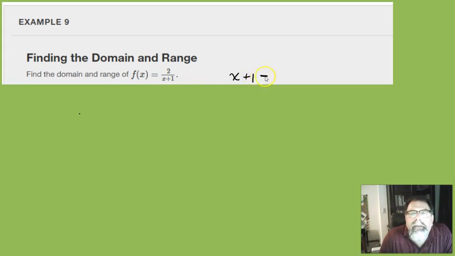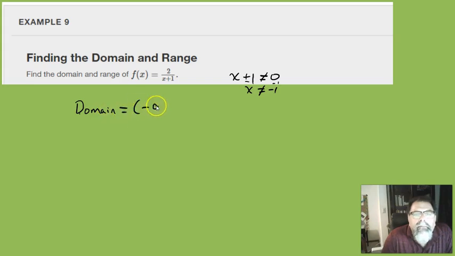So you subtract 1. So x can't be negative 1. So your domain is going to be negative infinity to negative 1 union negative 1 to infinity.